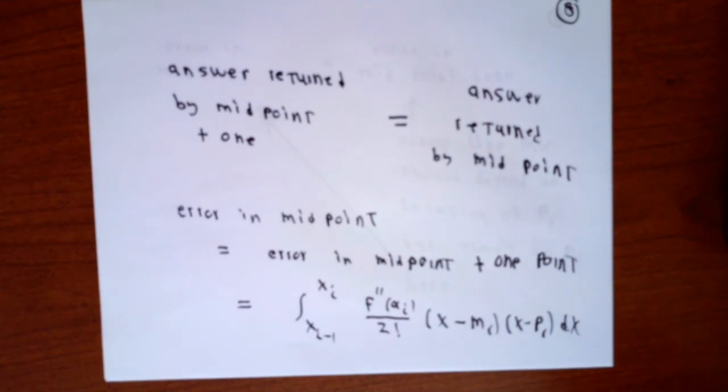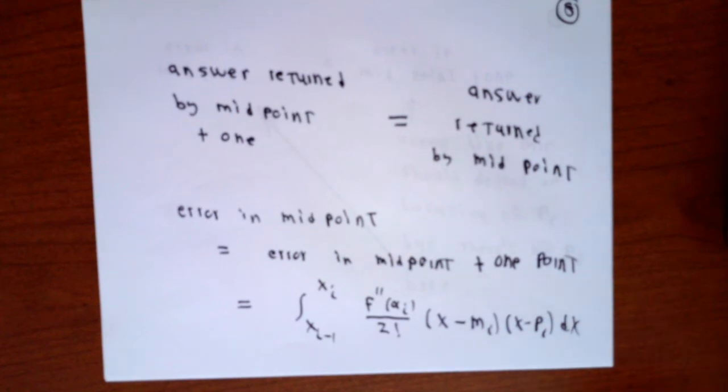Well, if that's so, then the error in the midpoint rule is the same as the error in the midpoint rule plus this additional point pi.